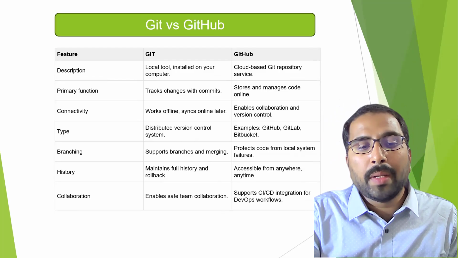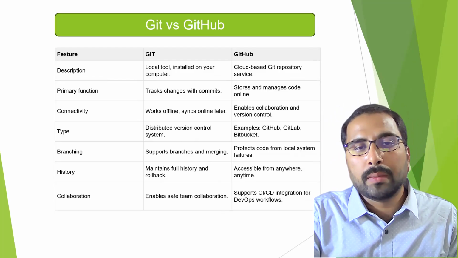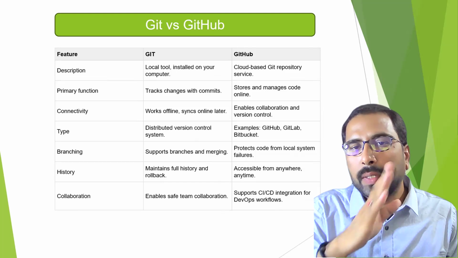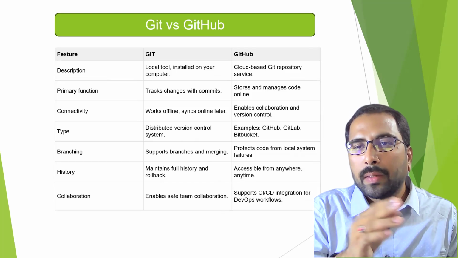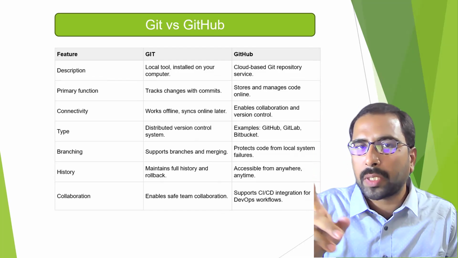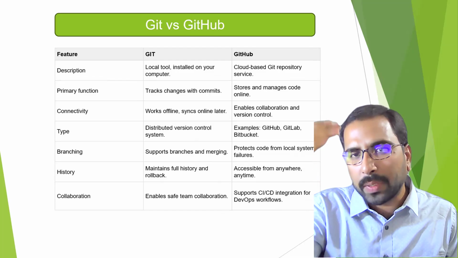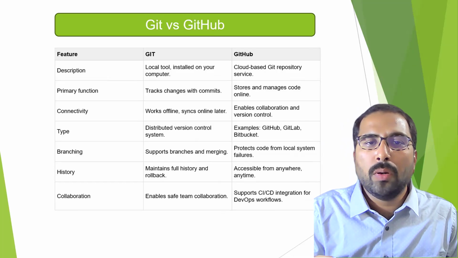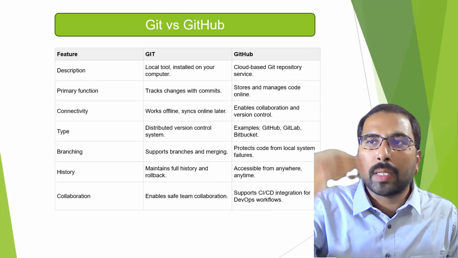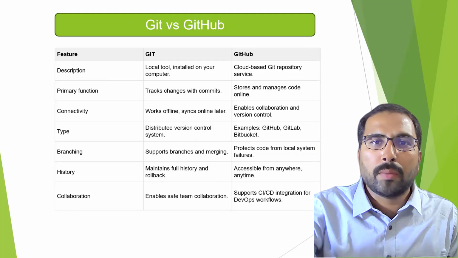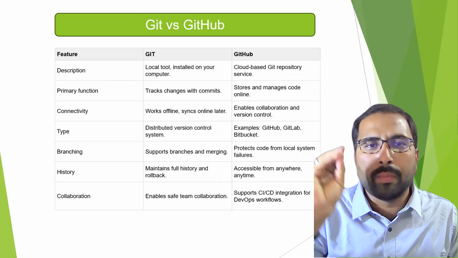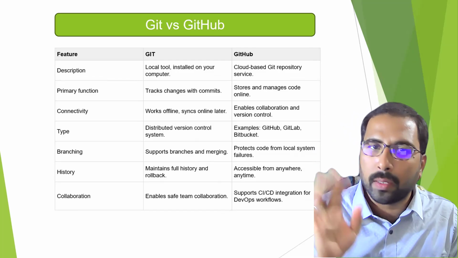History: it maintains full history and rollback. Complete history will be there, which developer did what and why. For everything there are labels, tracks, timestamps, tags. Whenever they want to roll back from one commit to another, for example, 1, 2, 3 commits are there, and the third commit has a bug.